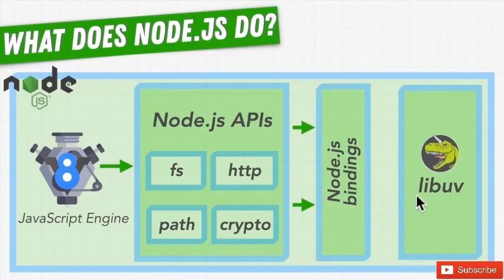That's because libuv deals with input and output tasks. It's this highly optimized library of code written in the C programming language that deals with input-output tasks that Node can delegate to other parts of your operating system.